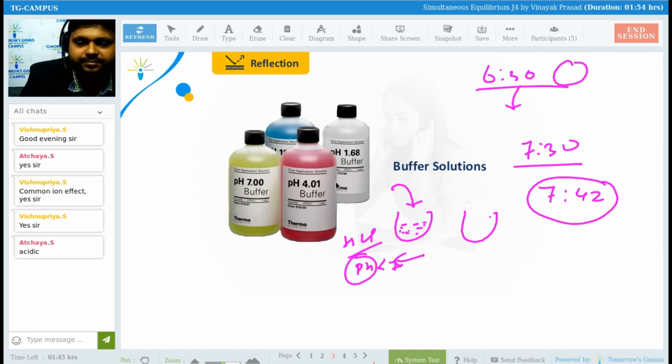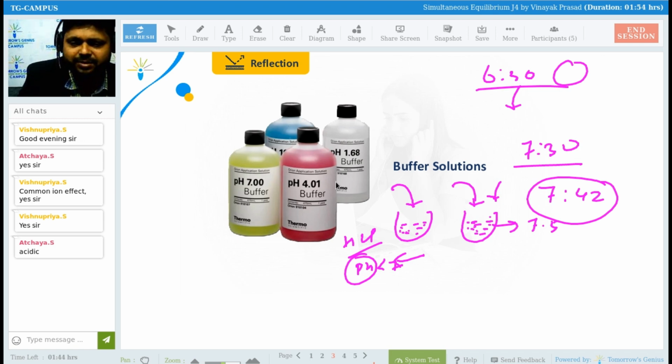But if you have a buffer solution, even if you add acid, there will be a change, but only a slight change. Let's suppose the pH of this solution is 7.5 and you add a drop of any acid.